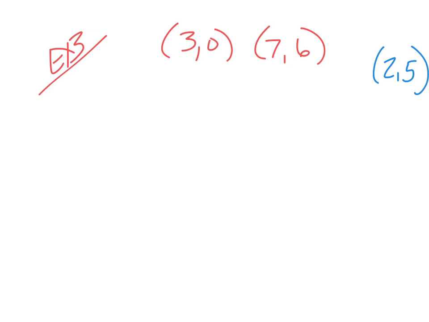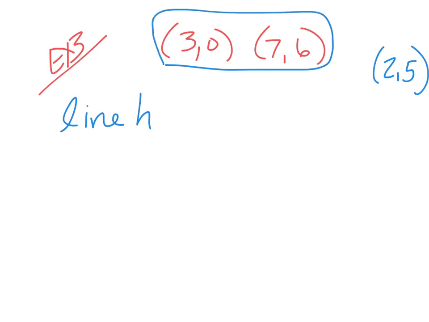So the first thing we need to do is how are we going to find the slope of the original line, line H? We're going to use the points, right, that they gave us? These 2 points. So the slope is, let's say 6 minus 0 over 7 minus 3.